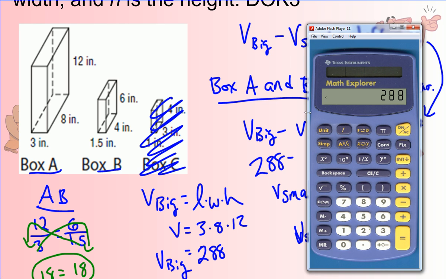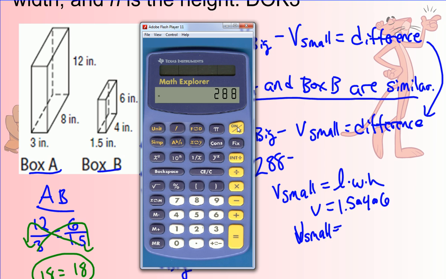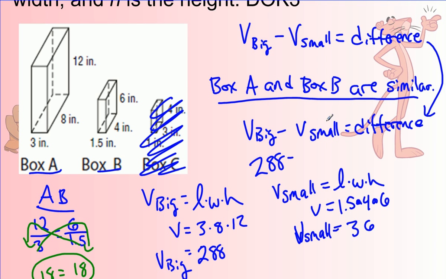Alright, and Mr. Calculator says 4 times 6 times 1.5 equals 36. So I can plug that back into my formula here.